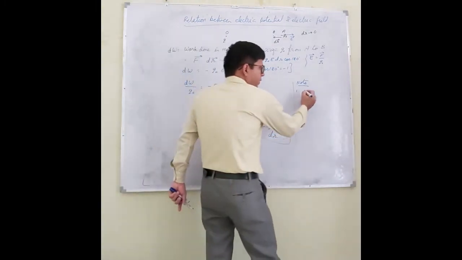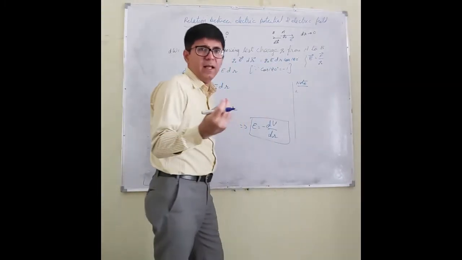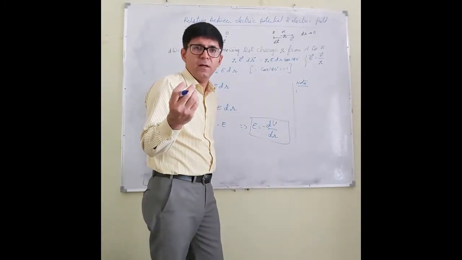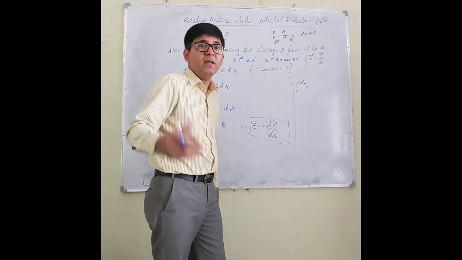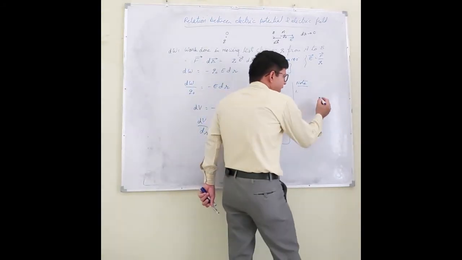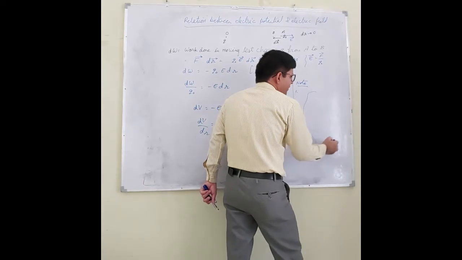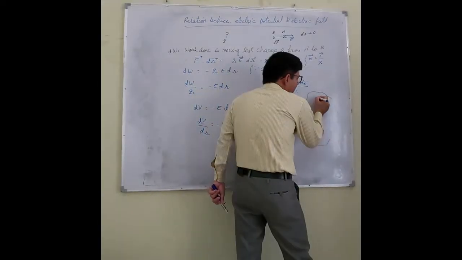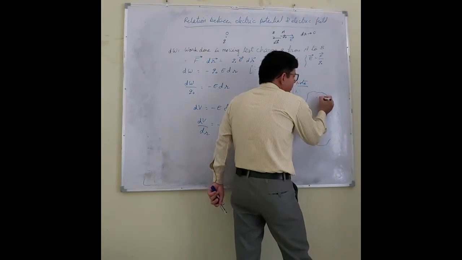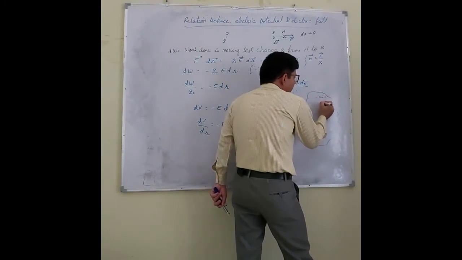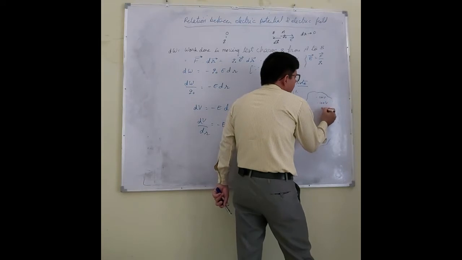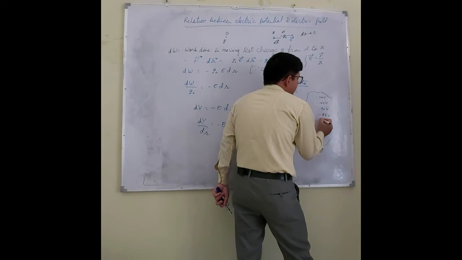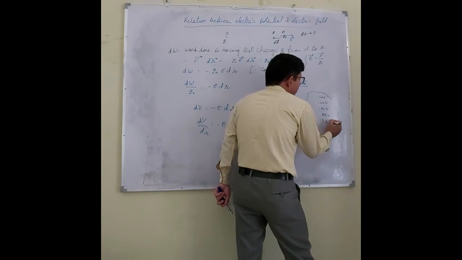Let us say, this is the area of the electric field. If I say at this point potential is 110 volt, here it is 100 volt, here it is 90 volt, here it is 85 volt, and here it is 75 volt, and here it is 70 volt.